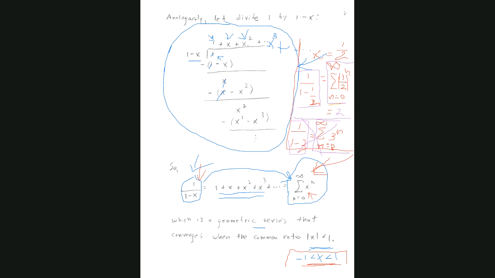You can't use the series representation of the function for x equals 3 because you get this nonsense, and that's because x equals 3 falls outside your interval of convergence. The interval of convergence is x between -1 and 1. X equals 3 falls outside that interval.